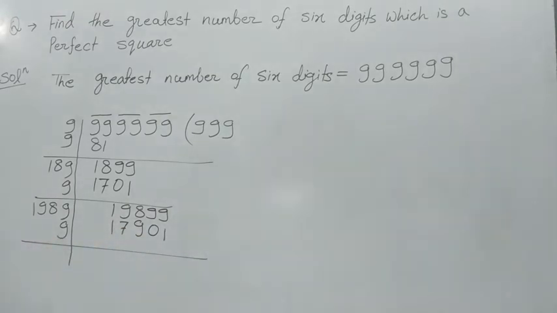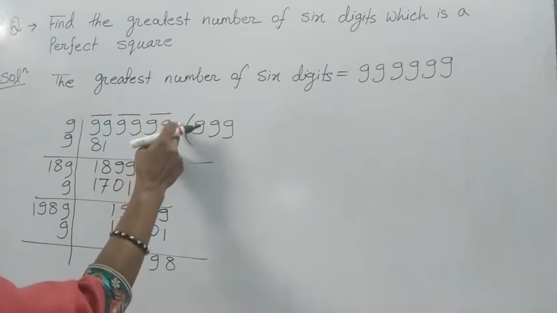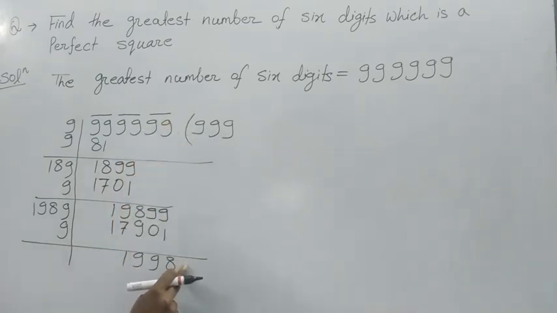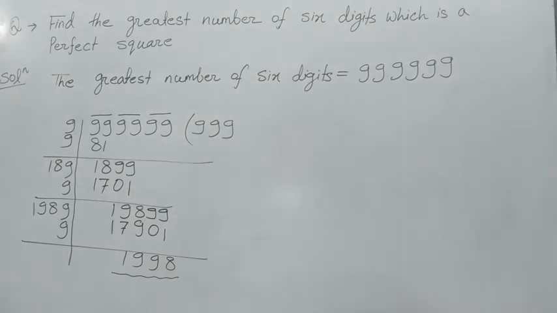So when we subtract here, 1998. Now we have no other pair to write down here. That means our division process is completed. So this number 1998 becomes the least number to be subtracted from the given number to make the result a perfect square.